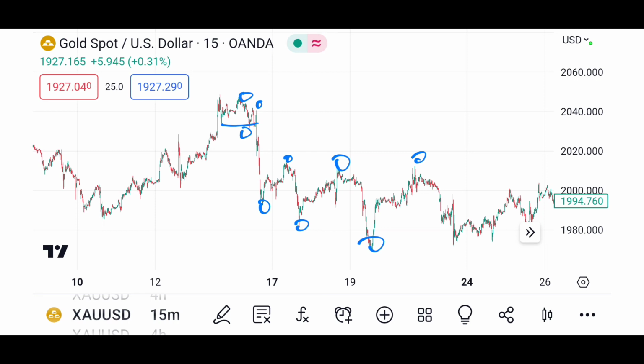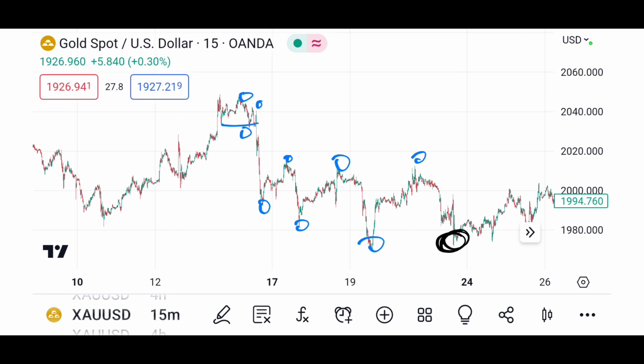The next thing it was supposed to do was to form a lower low, but it couldn't form a lower low. Rather, it formed a higher low. That is the first signal that this market is about to consolidate. So instead of forming a lower low, it formed a higher low.